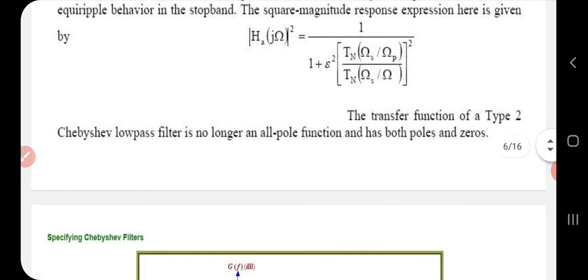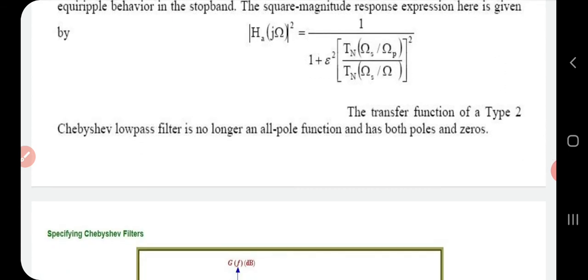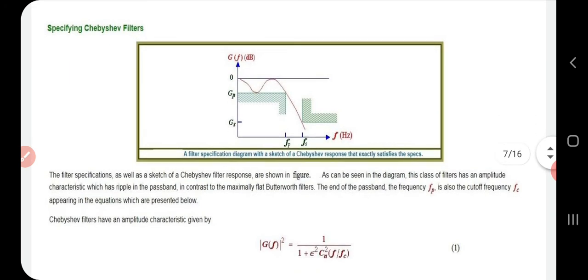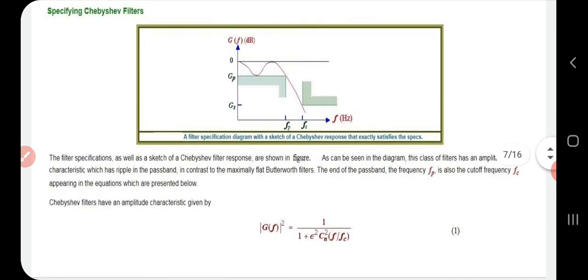So these are the main specifications that we have to study while designing type 1 and type 2 filters. There are some expressions and the explanation of terms and their differences between type 1 and type 2 Chebyshev filters. Now this is just a graph that shows the magnitude and frequency response, as I already said.